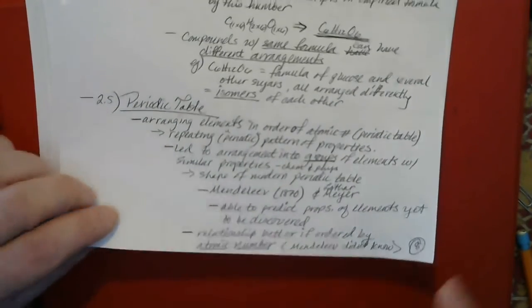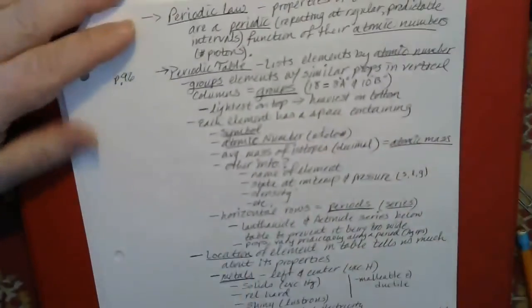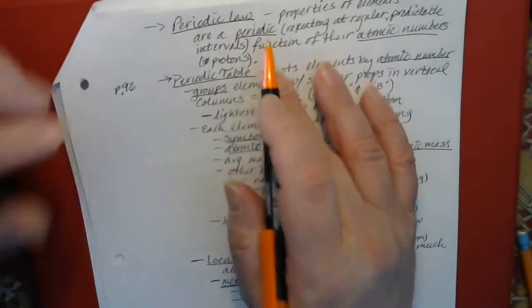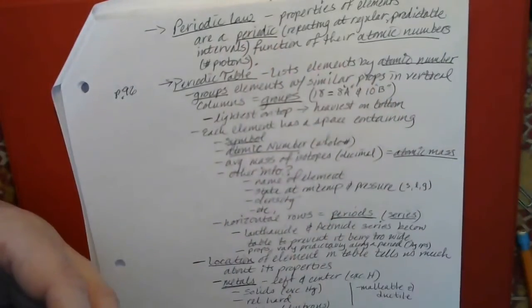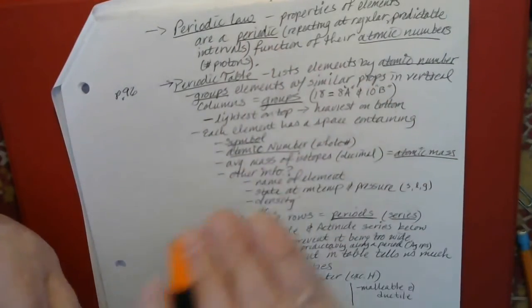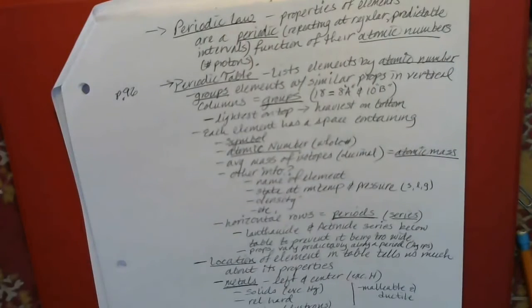And so today we order it by atomic number, which makes the trends even better. And the periodic law is what I was talking about, the fact that the properties repeat over and over again in a predictable repeating way. And that's known as the periodic law.